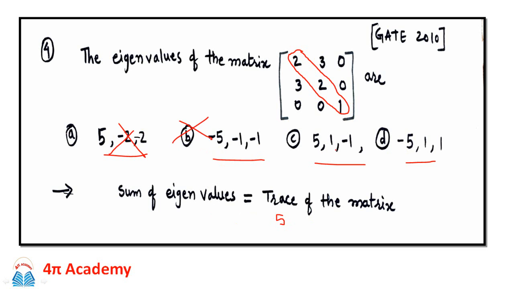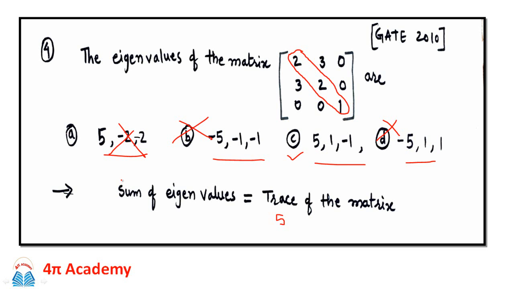Then 5 1 minus 1, so 1 minus 1 is 0, plus 5, so the option C might be correct. Let us look at the option D. It is minus 5 plus 1 plus 1, so minus 5 plus 2, that is minus 3. So option D is also not correct. So only option C is the correct answer.